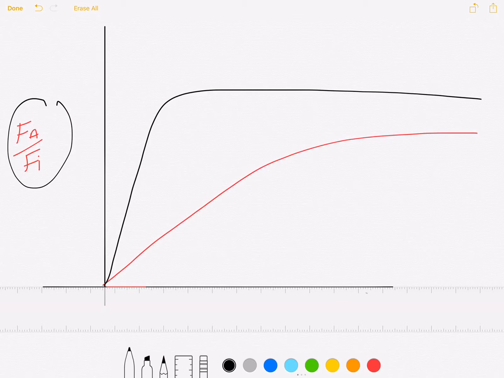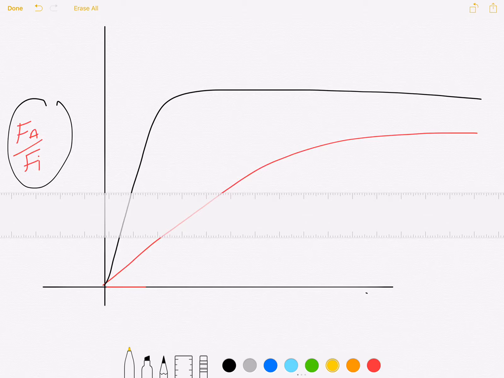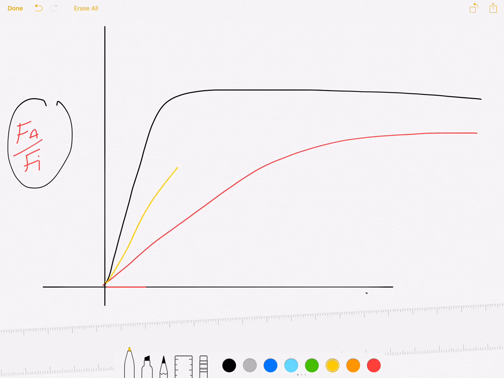So it achieves a steady state faster. Now sevoflurane is halfway between them. So it also achieves a steady state faster than halothane, but slower than desflurane. Then putting isoflurane here, somewhere here.